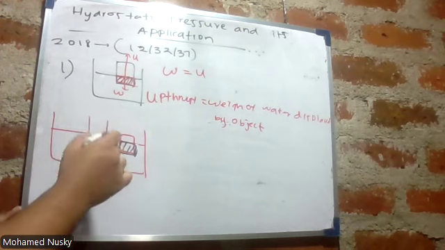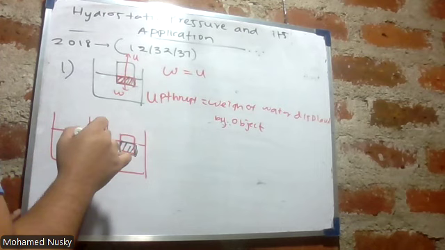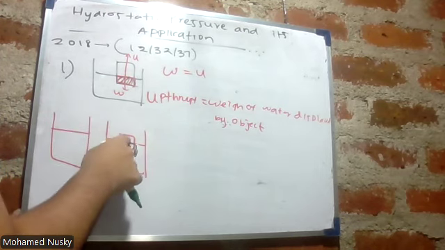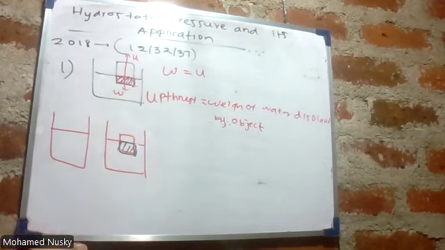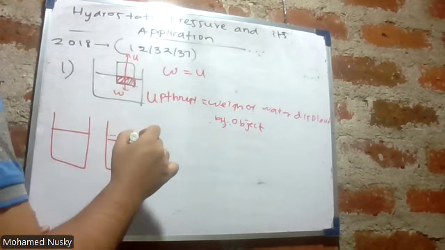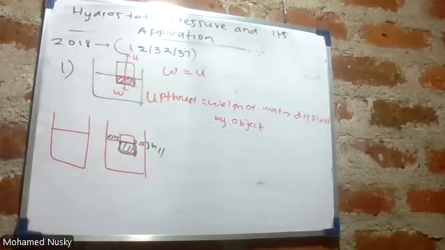What's the level of water inside the container? This part of volume is occupied by this wood, no? Okay, now what will happen? The water level will rise. The water level rises by this amount. This is the height of water raised.